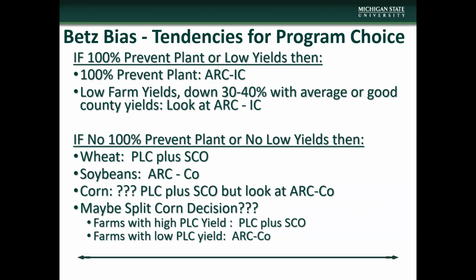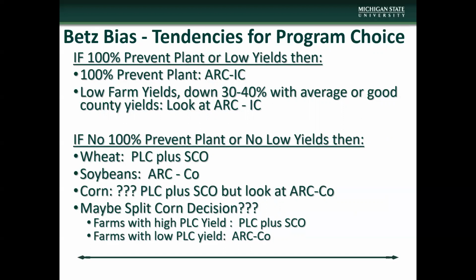For corn, it's much less of a certain decision. It's really going to depend on your county, on your individual farm. So in general, it looks like maybe PLC is going to be the right program, but for other counties, ARC County might be the way to go.